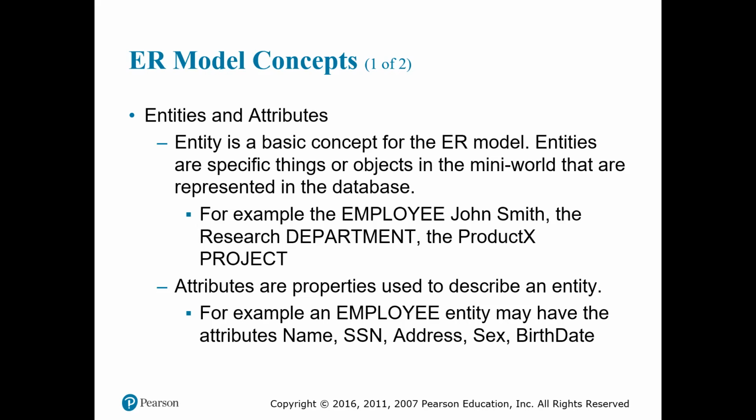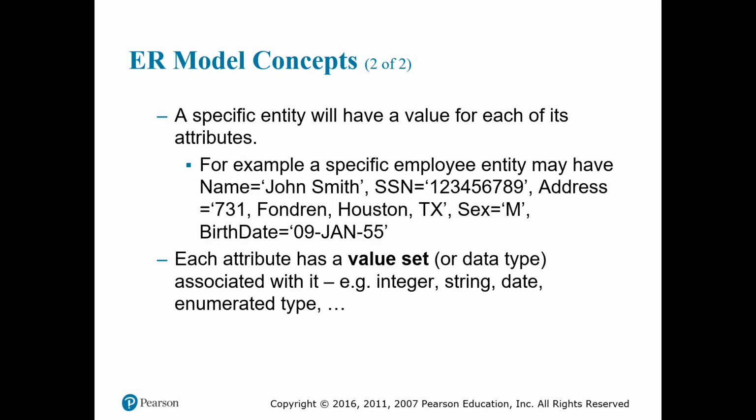Okay, so attributes describe an entity. An entity is a thing. That entity has attributes. Attributes don't have entities. Entities have attributes. So you have an entity in general, like a person. A specific entity would be a specific person.